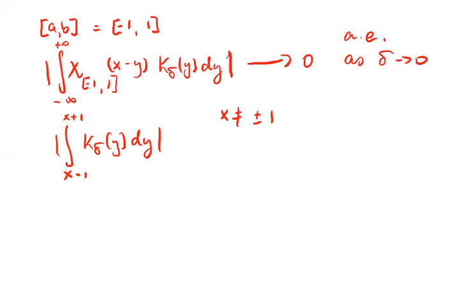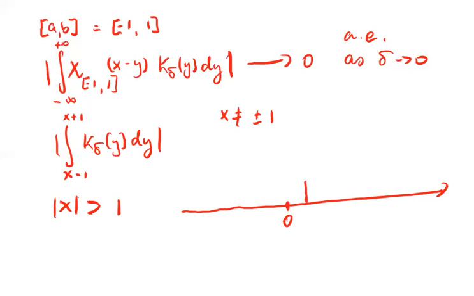So if the absolute value of x is strictly greater than 1, the picture is the following. Here's 0, and the graph of this function looks like this. This is x minus 1, x plus 1.